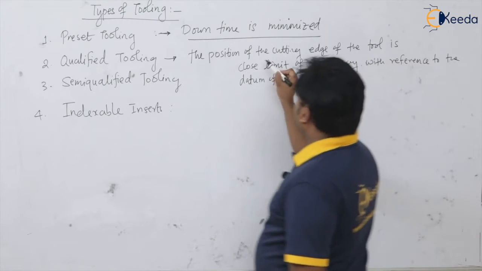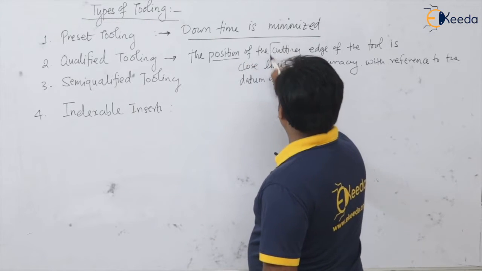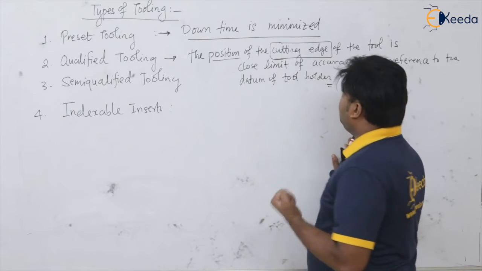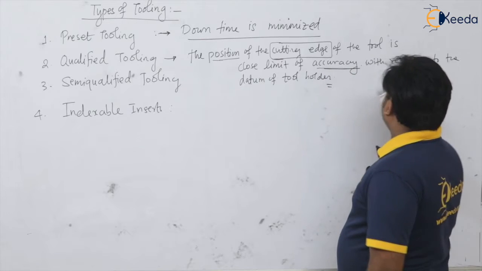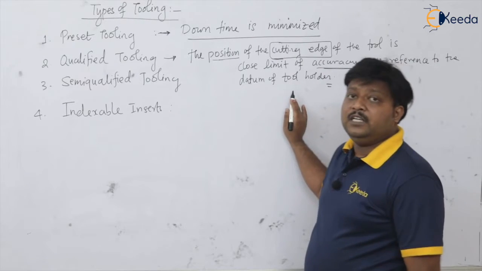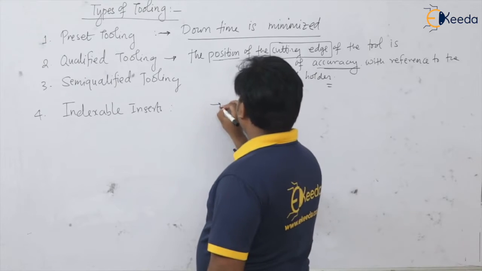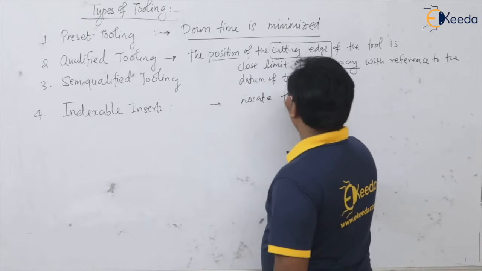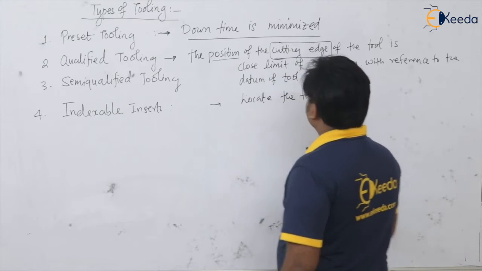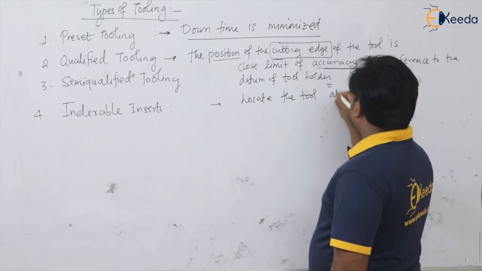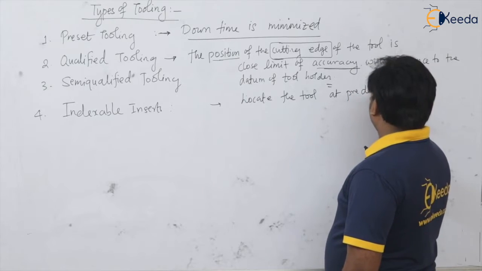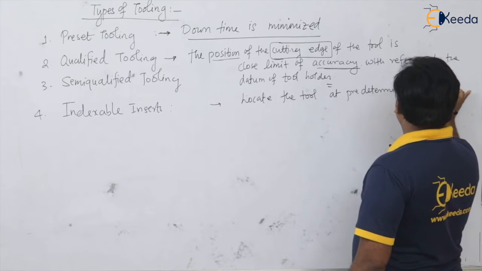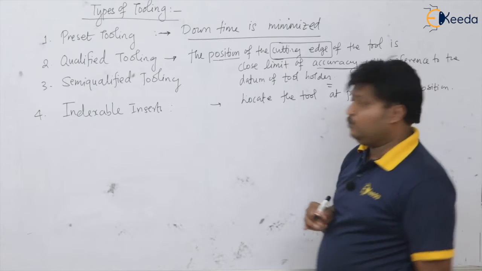The position of the cutting edge is in very close limit of accuracy with reference to the datum of the tool holder, and this qualified tooling can locate the tool at a predetermined position. That is the specialty of qualified tooling.